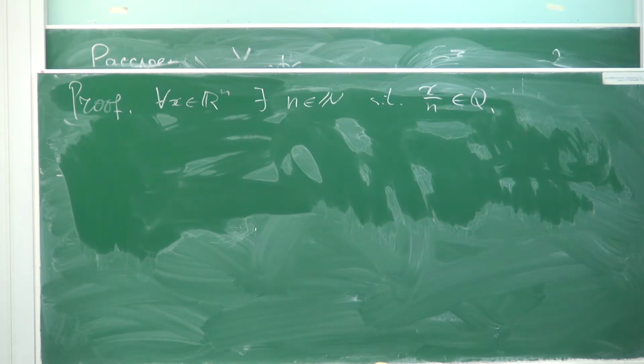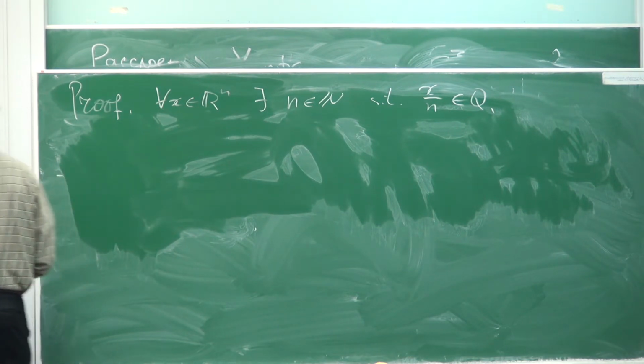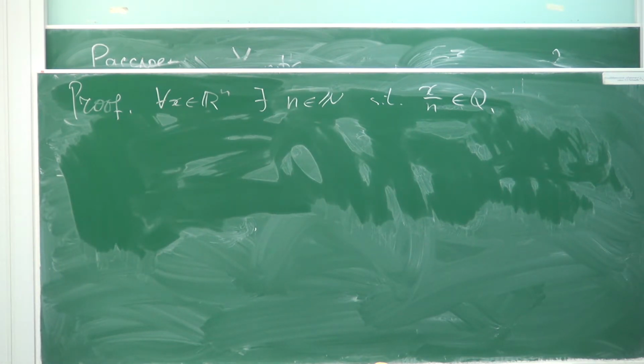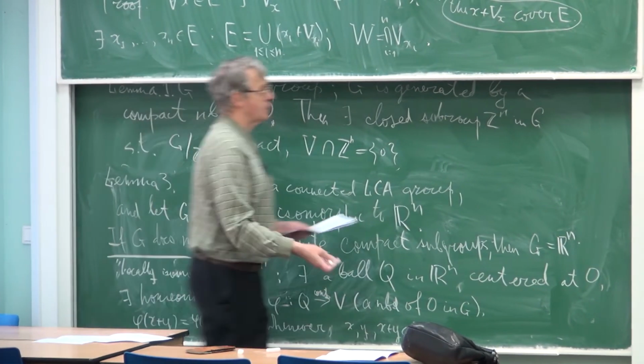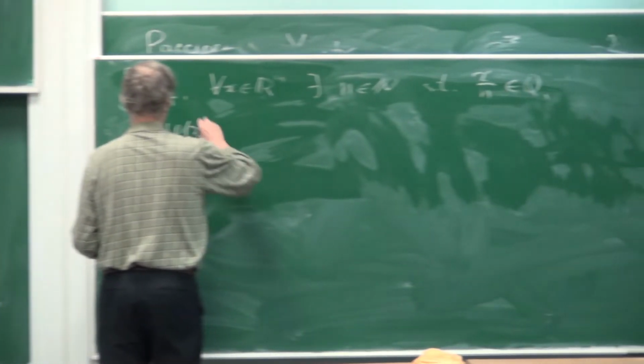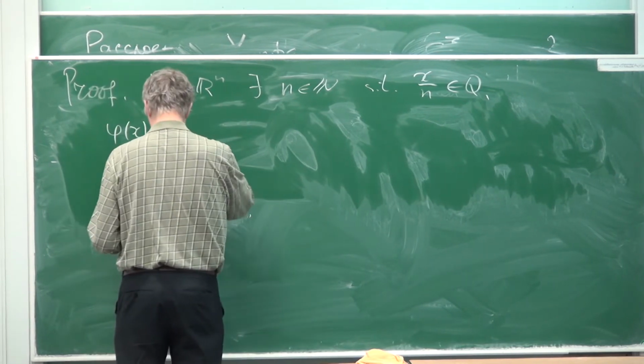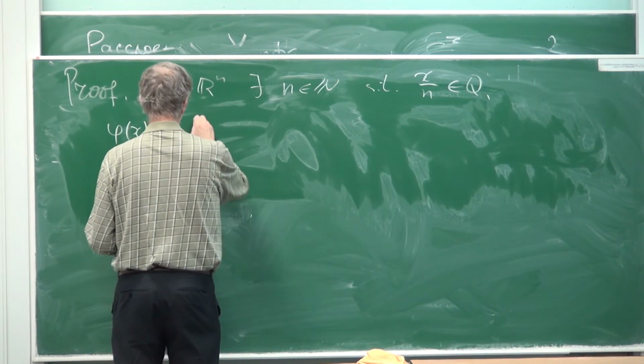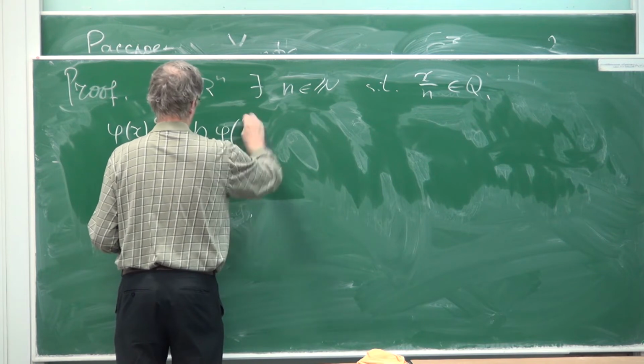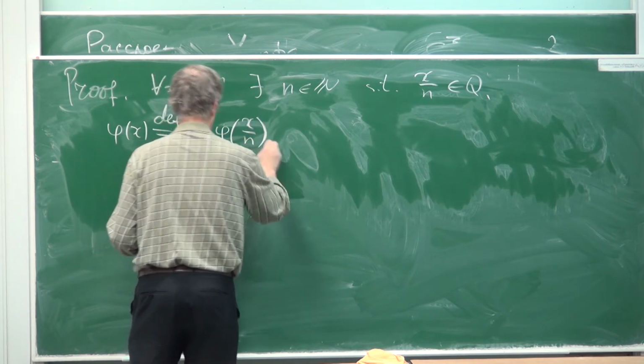And simply we want to extend our mapping phi to the entire Rn, and for such an x, we define phi of x is equal to n times phi of x over n.